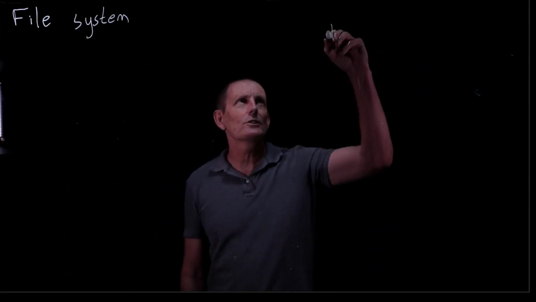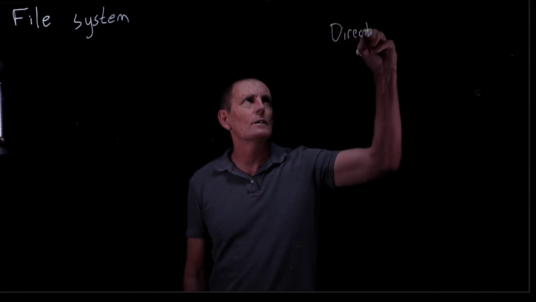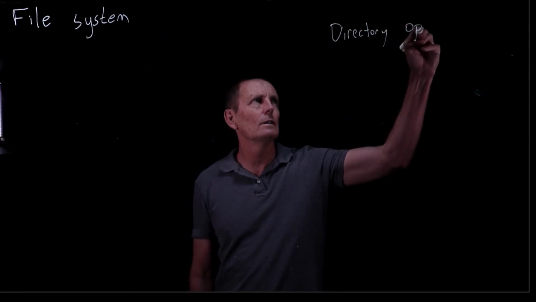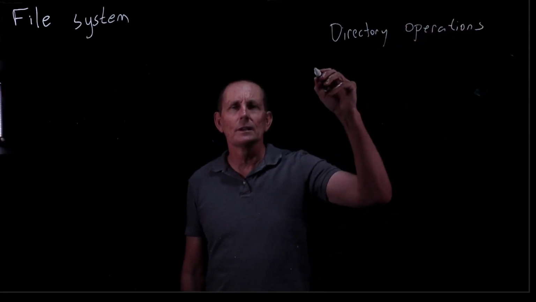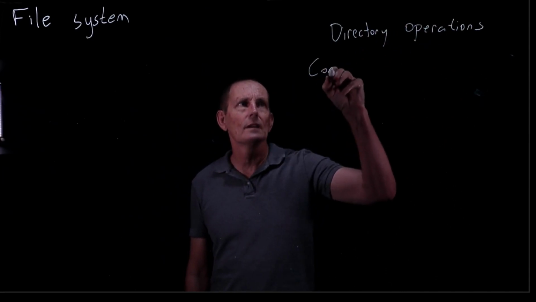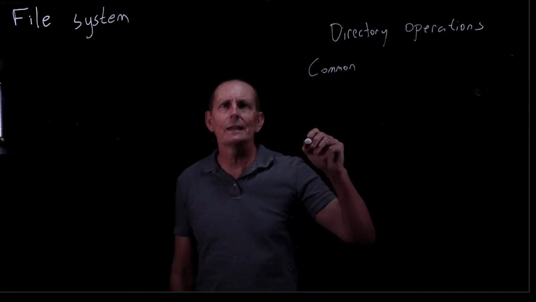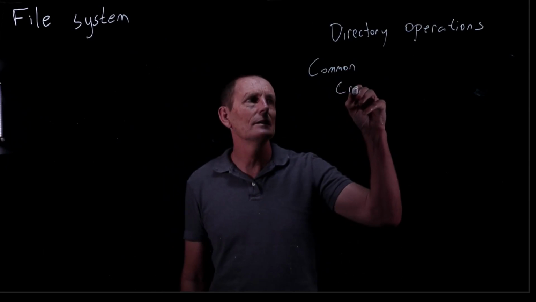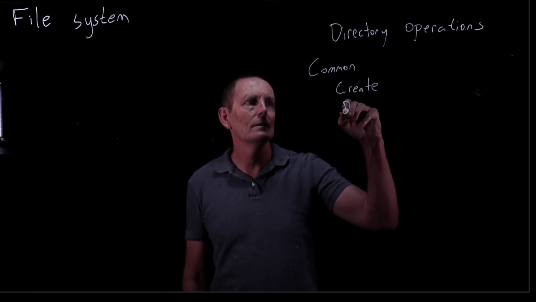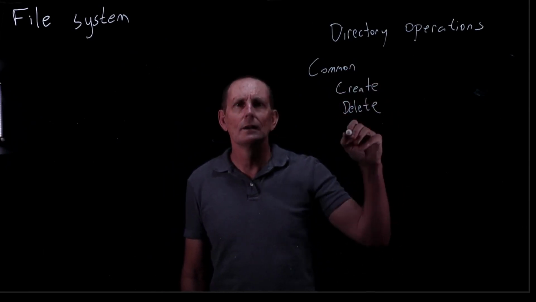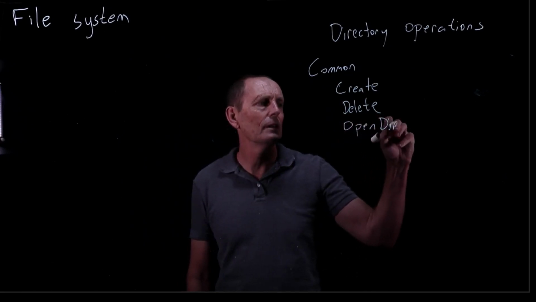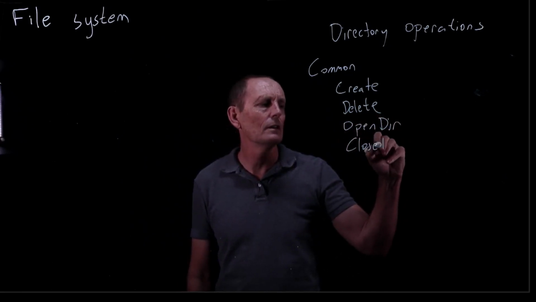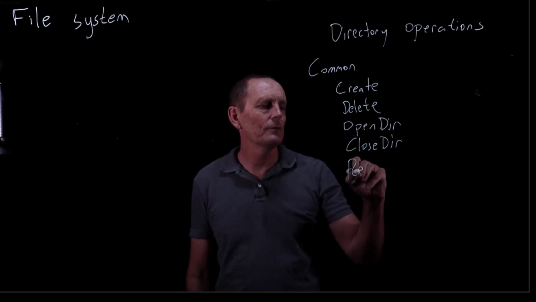Let's look now at directory operations. Okay, and we can again break them down into common, like, let's say create and delete. We can open a directory, close a directory, read a directory.